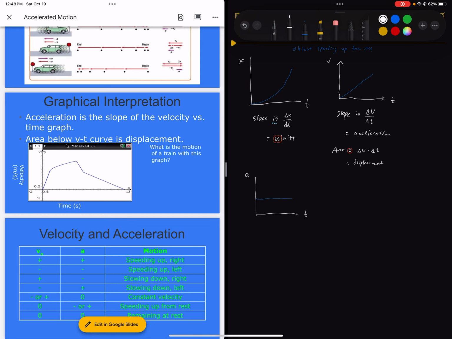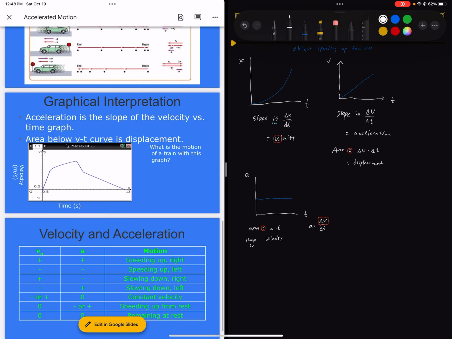What we care about is that the area is acceleration times time, and that's your change in velocity, because we know that acceleration is delta v over delta t. So if you took the area of an acceleration time graph, that's your change in velocity.